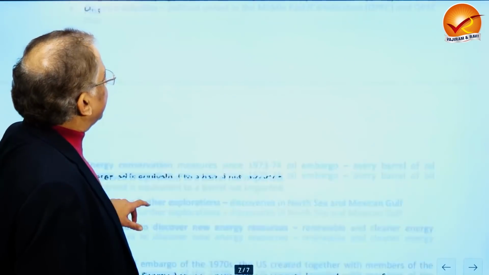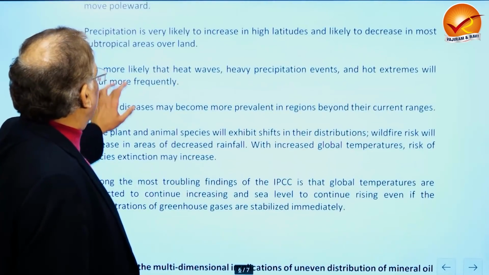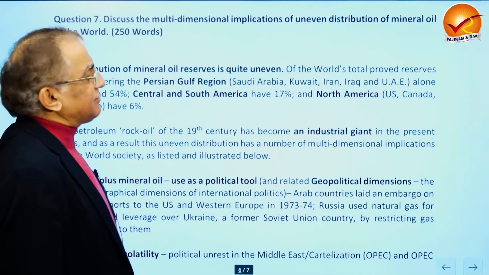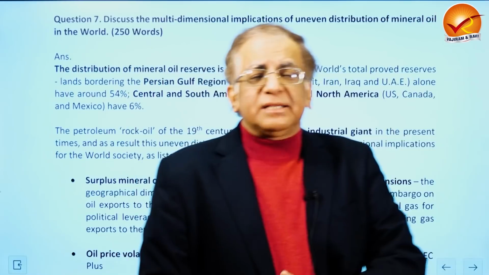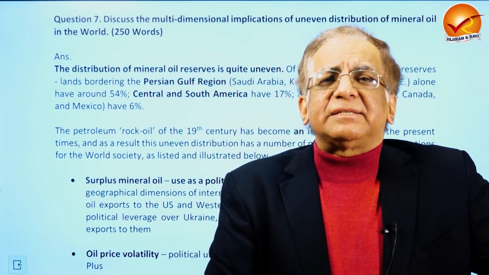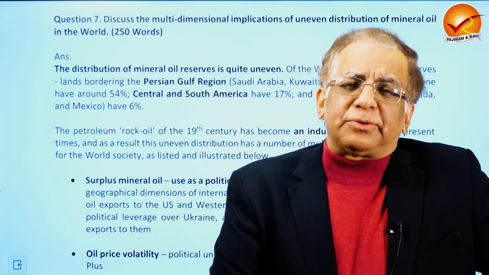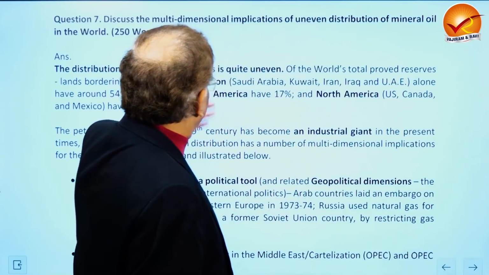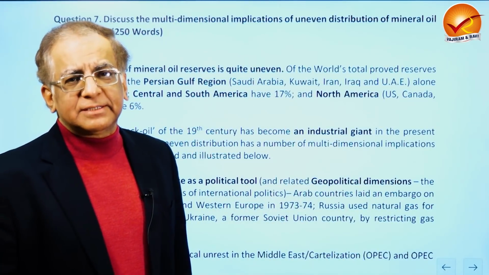So these are the different means. This goes all beyond economics, it is not just one simple resource. It is so important for world society today that everything is moving around this energy source, and it has so many implications in different fields.